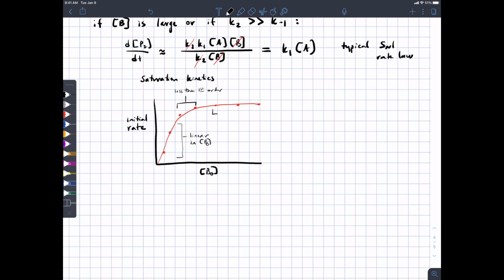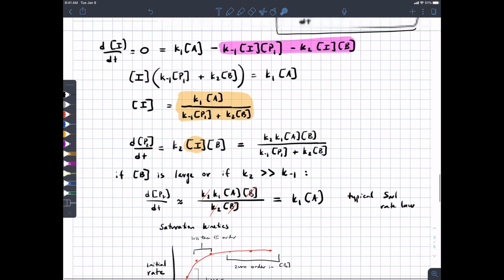And then out here, it's zero order in B. That is, B is no longer in the rate law, and adding more B doesn't get the reaction to go any faster.